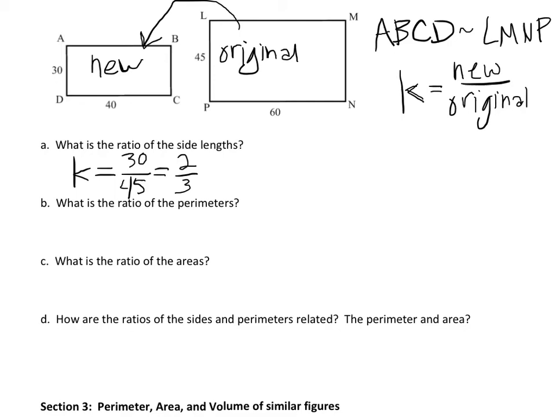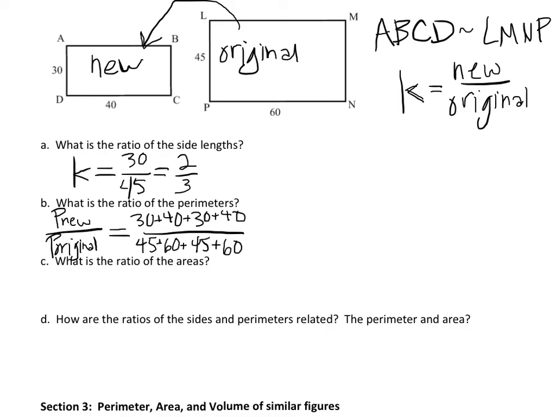Now it asks me to think about the ratio of the perimeters. So once again, I'm going to do the perimeter of my new polygon over the perimeter of my original polygon. And perimeter we know is the distance around a polygon, so I add up all of the side lengths. So I'd add up 30 plus 40 plus 30 plus 40. And I'd do that for the original as well. I would do 45 plus 60 plus 45 plus 60.